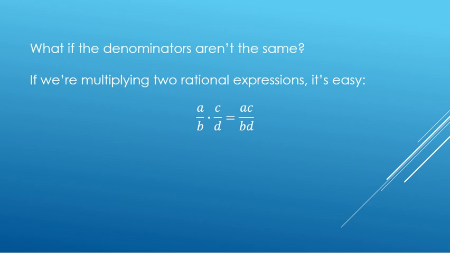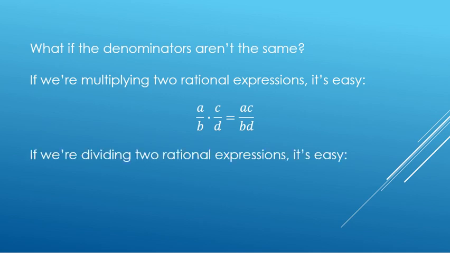If you are dividing two rational expressions, that's easy as well. If you divide by a fraction or a rational quantity, that's the same thing as multiplying by the reciprocal of that rational quantity.